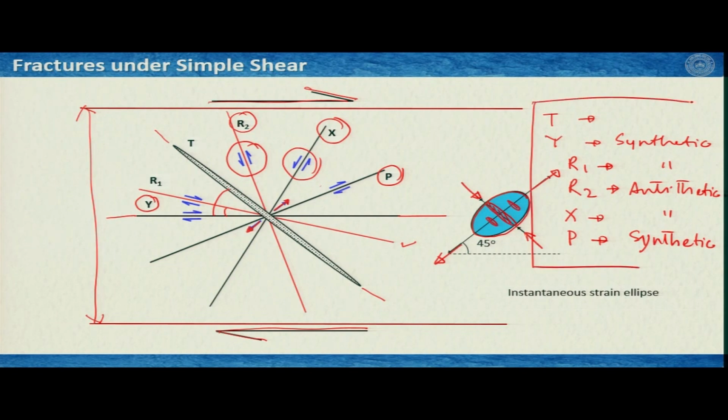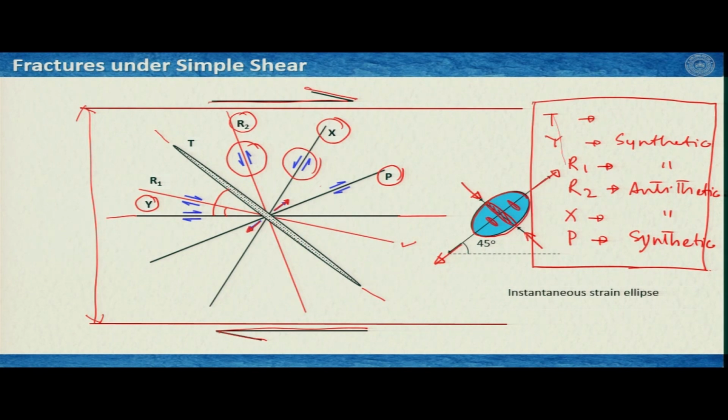So, there are a lot of possibilities where you can form all these six types of fractures in a brittle shear zone, but interestingly it is very rare that you see all these fractures in a single place.